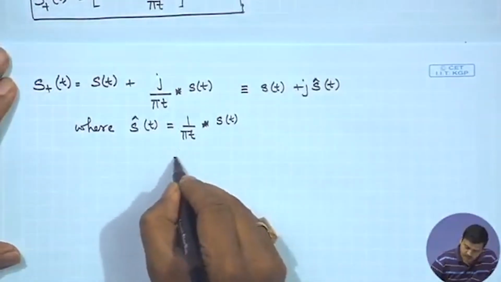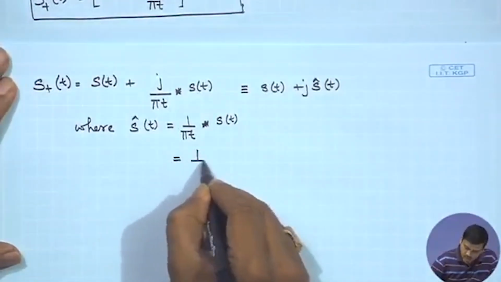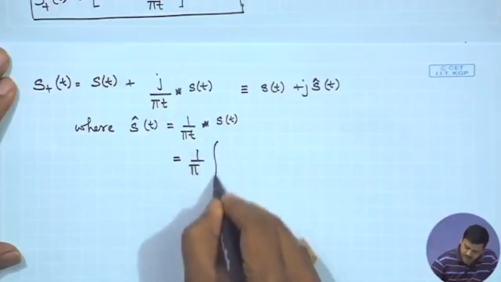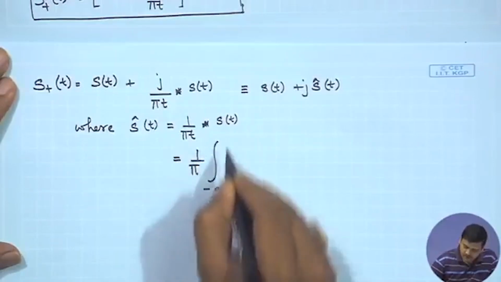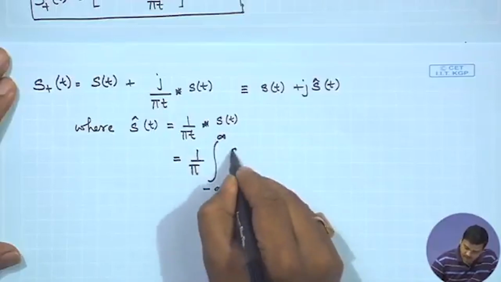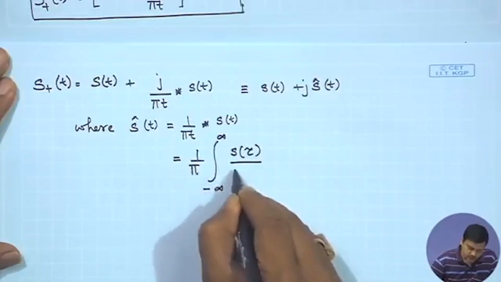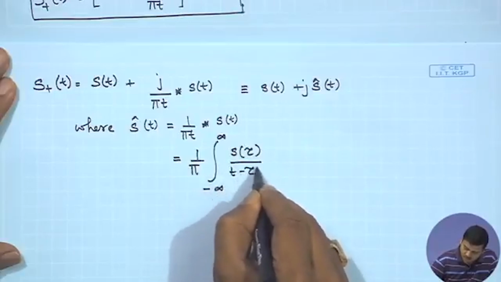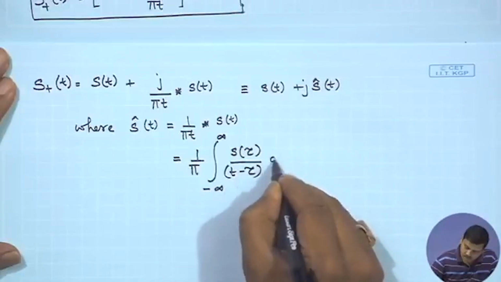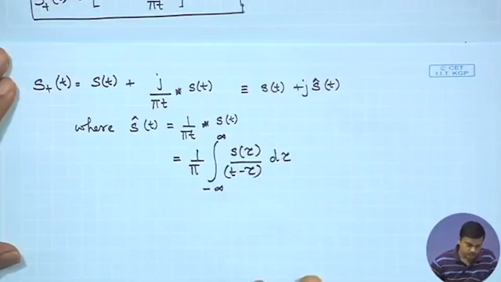that you could write as 1 upon pi, because pi is a constant, minus infinity to infinity S of tau over t minus tau d tau.